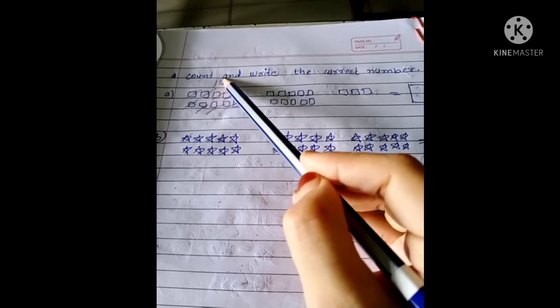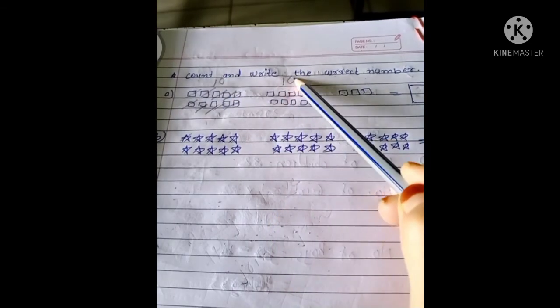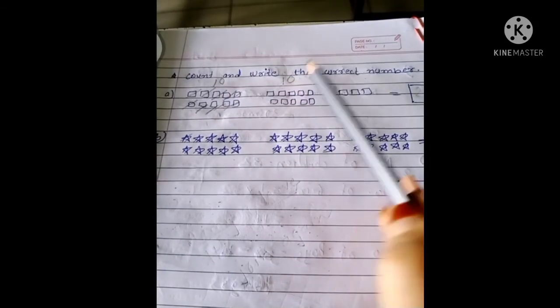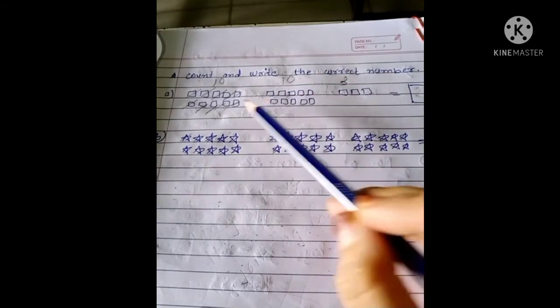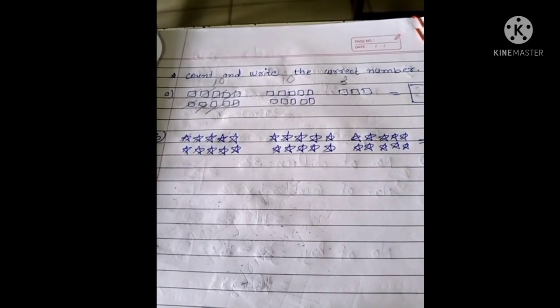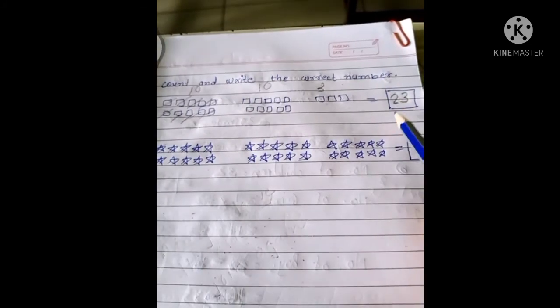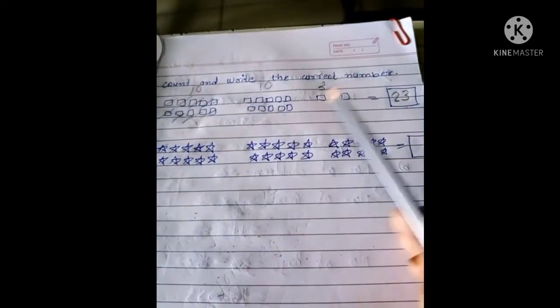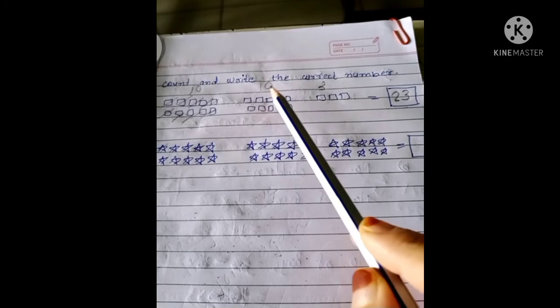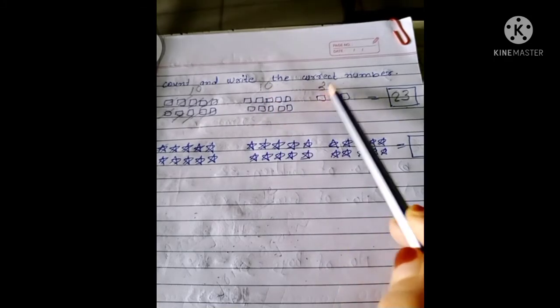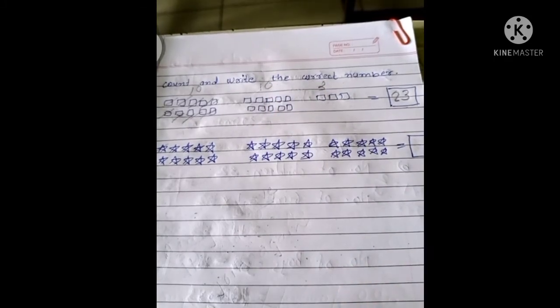How many? 10 over here. This one is also 10. So 10, 10 and 3. So how many squares in total? Who will tell me? In total we get 23 squares. 10 plus 10 is 20, 20 plus 3 is 23.